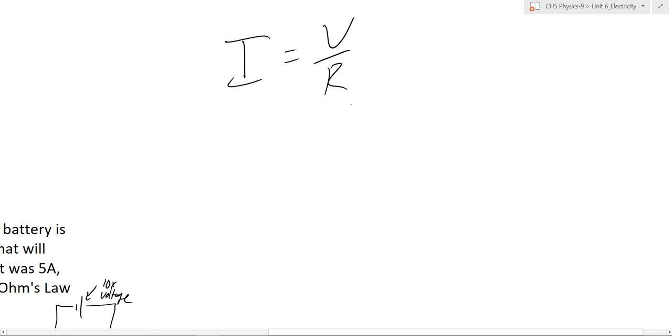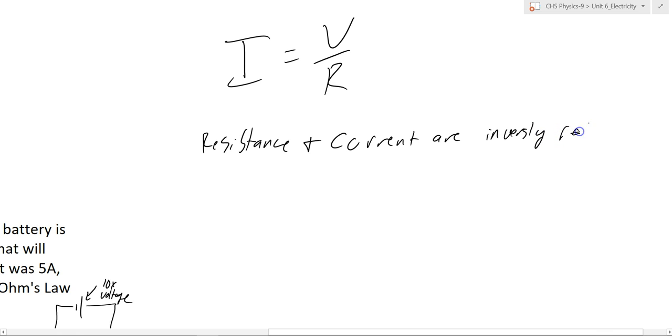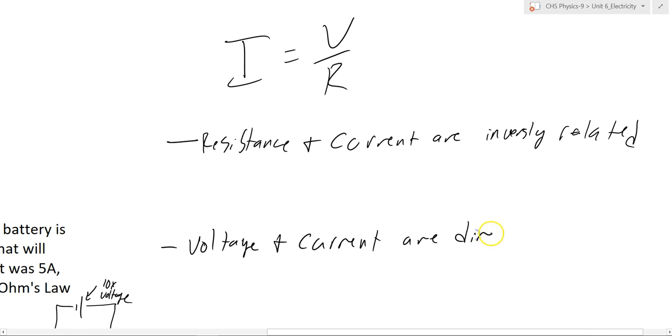Remember, if you think back to the notes we've talked about in the past, and the simulations you've done up until now, what we know is that resistance and current are inversely related, and voltage and current are directly related.